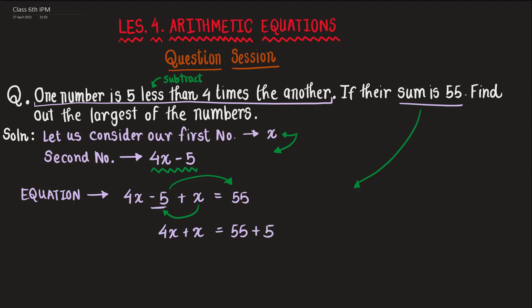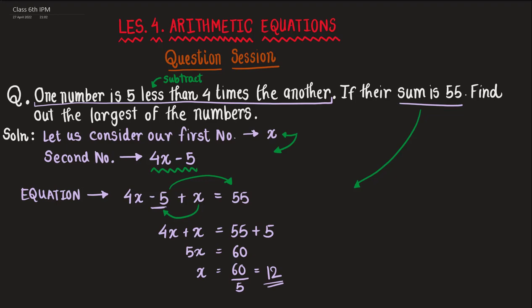So 4x plus x gives us 5x, and 55 plus 5 gives us 60. So x is 60 divided by 5. We can clearly see x is equal to 12.